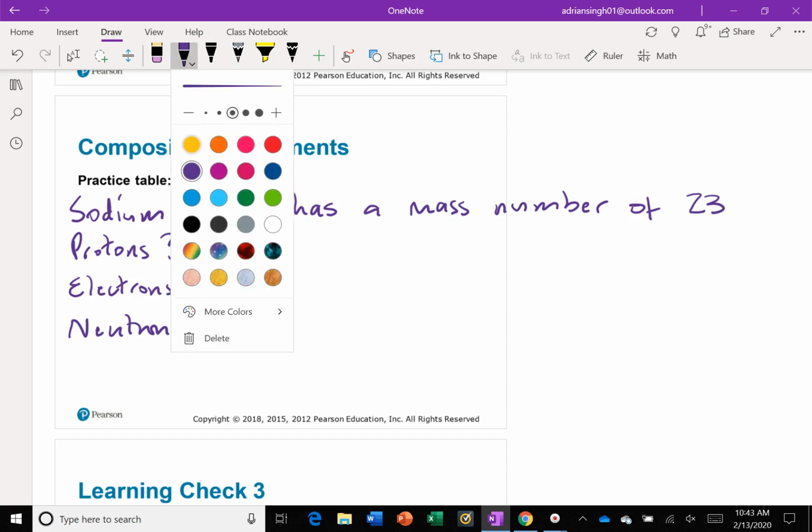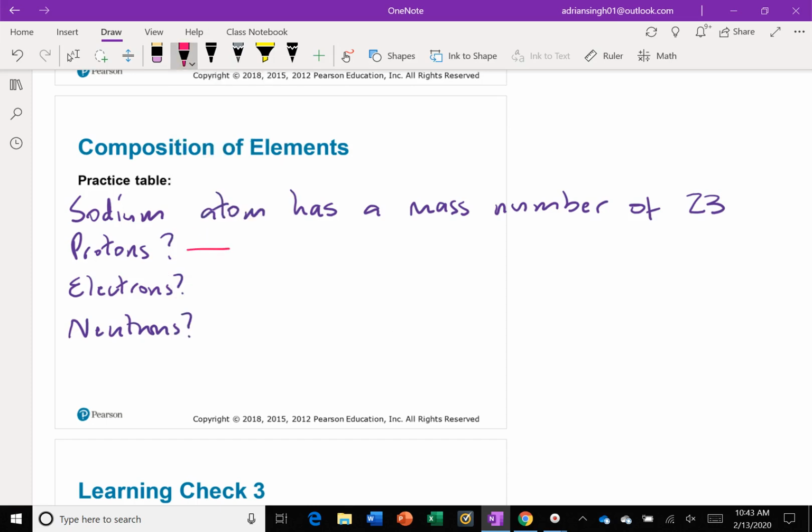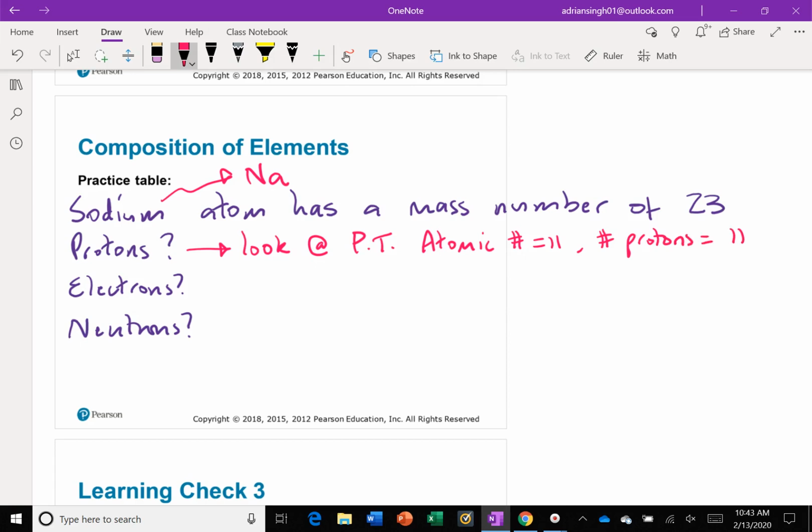All right, so to get the number of protons, we simply look up in the periodic table. We find sodium, which is Na, and when you look sodium up on the periodic table, you'll see it has an atomic number of 11, which means that the number of protons is also equal to 11.